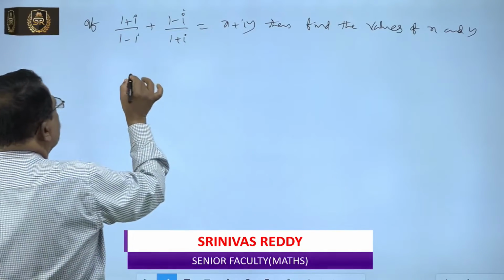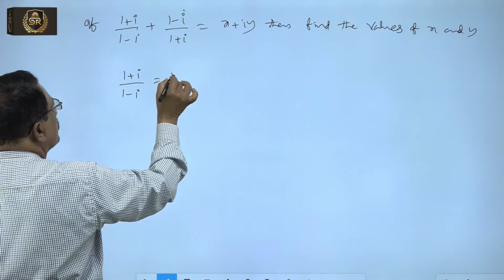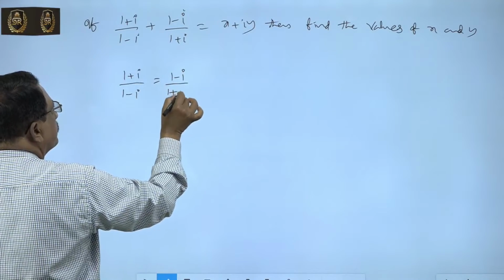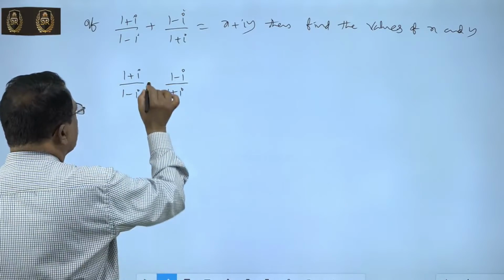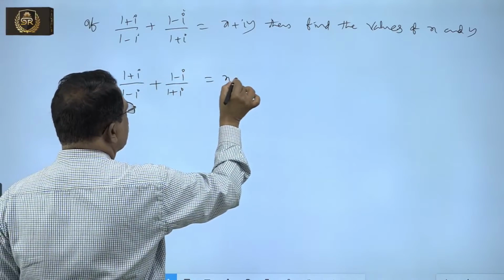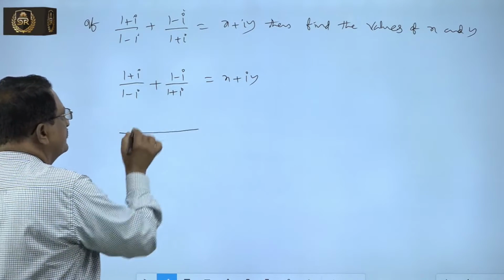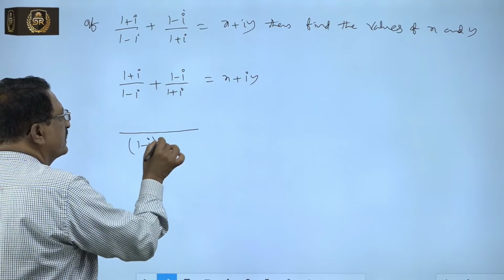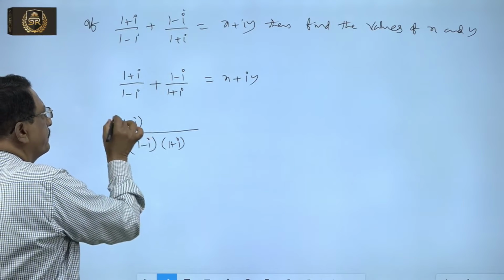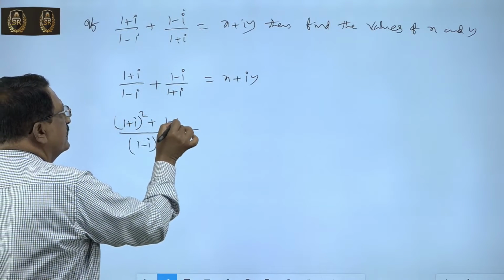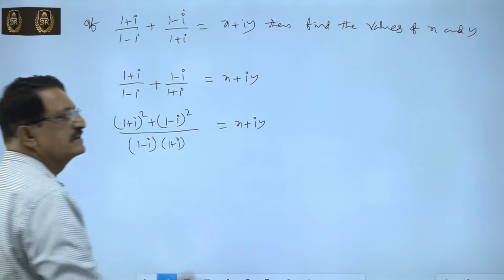Now the given: (1 plus i) by (1 minus i) plus (1 minus i) by (1 plus i) equals x plus iy. Okay. Now take LCM. What is LCM? (1 minus i) into (1 plus i). Numerator: (1 plus i) whole square plus (1 minus i) whole square, that equals x plus iy.